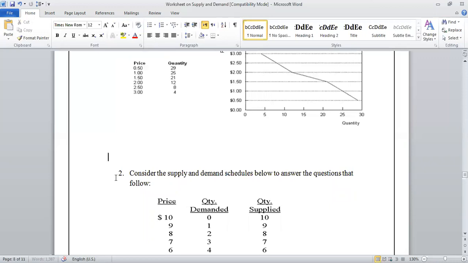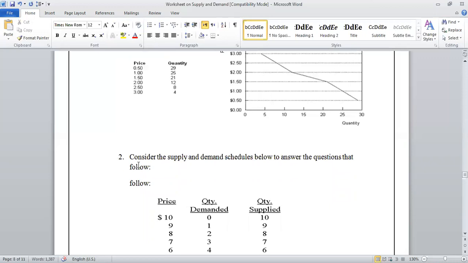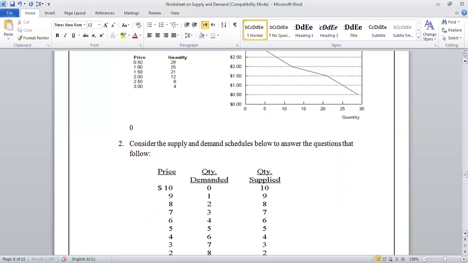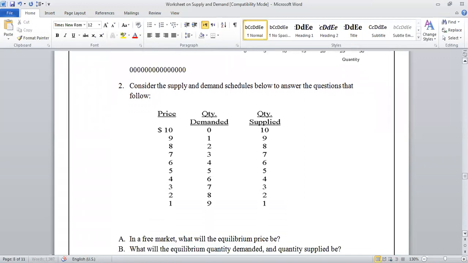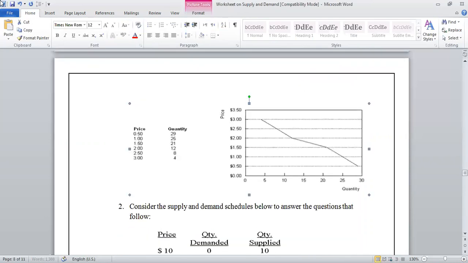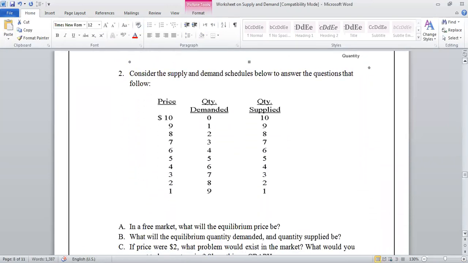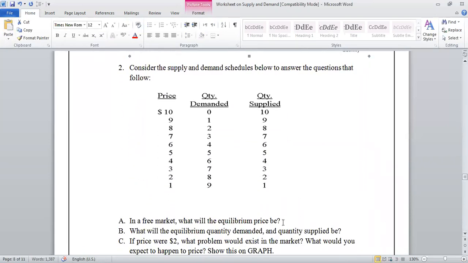Consider the supply and demand schedules below to answer the questions. You have price, quantity demanded, and quantity supplied. Question A: in a free market, what will be the equilibrium price?